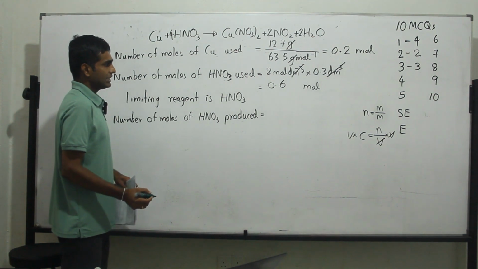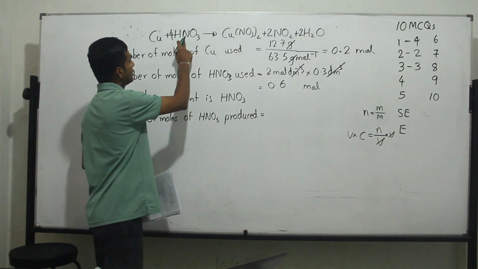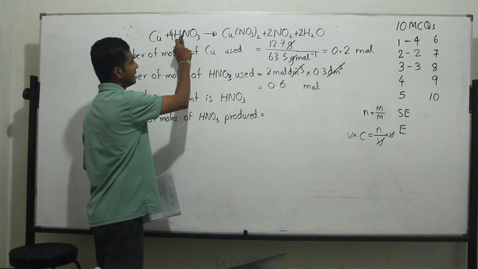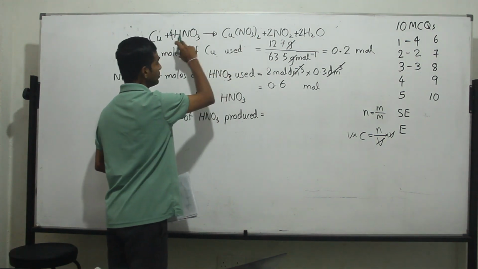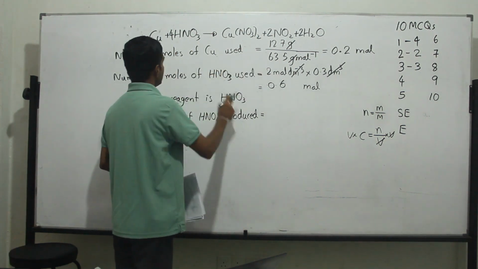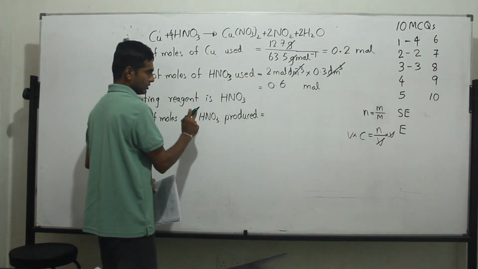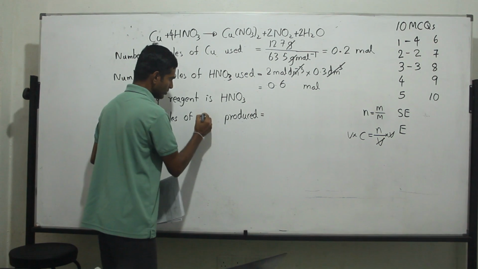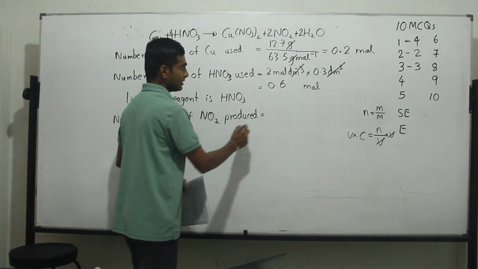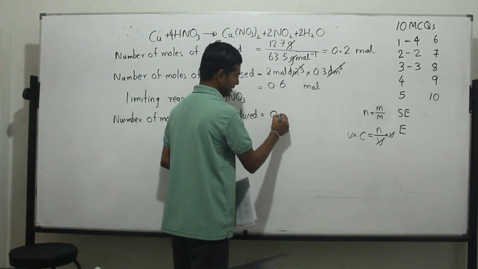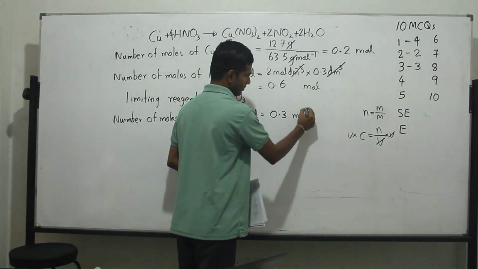So limiting reagent is nitric acid. So the mole ratio between nitric acid and nitrogen dioxide is 4 to 2. That means 2 to 1. Then number of moles of nitrogen dioxide produced is half of this. That means 0.3 moles.